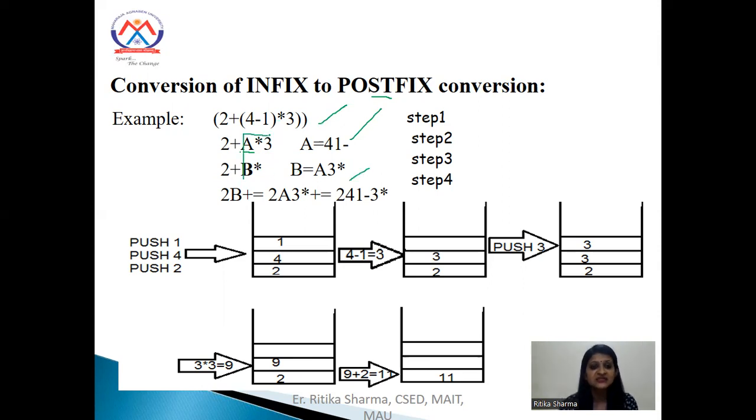So it is written as B plus 2 plus B star. The last operator is plus, so it is written as 2 B plus. Now we will place the value of B, that is A 3 star, and the value of A, that is 4 1 minus. So this is the final postfix expression.